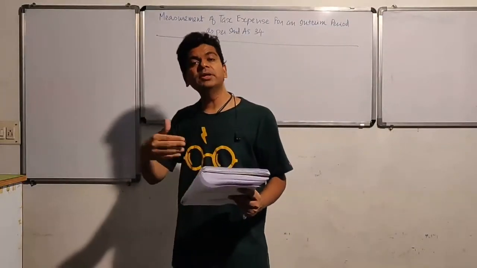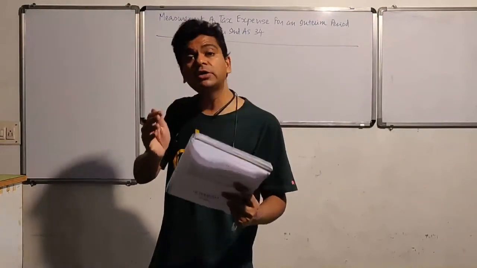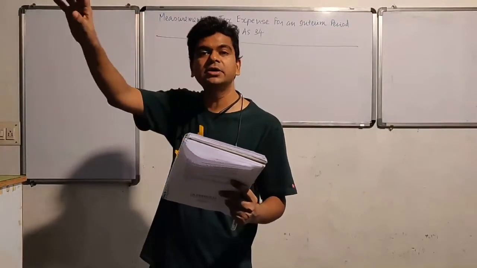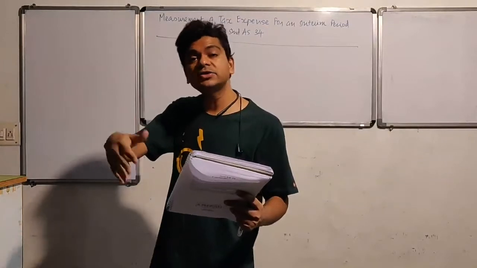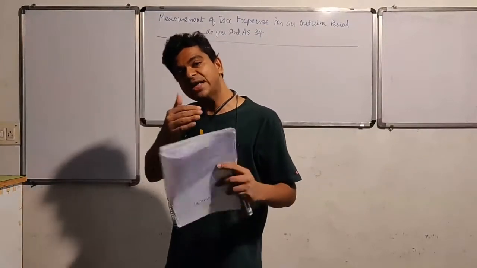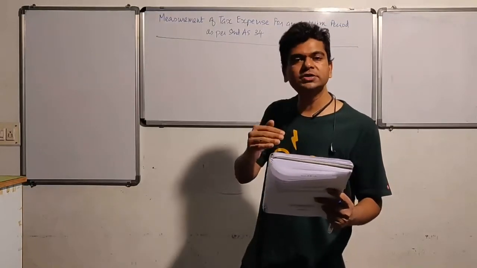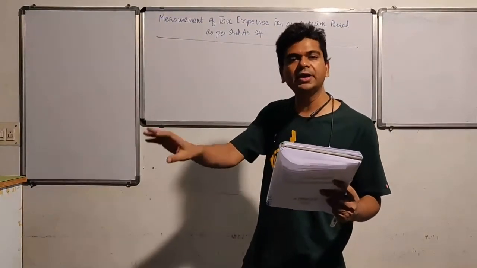For that interim period, you will have to calculate the tax expense. Now, how that tax expense should be determined, that point is there in Ind AS 34, but the computation of current tax and the computation of deferred tax is actually a part of Ind AS 12. That is the reason, although this is a point of Ind AS 34, we are discussing it along with Ind AS 12.